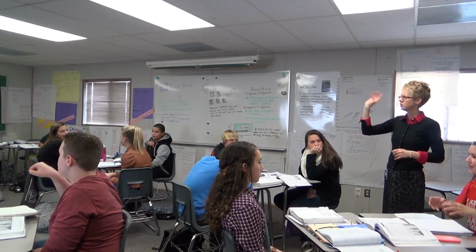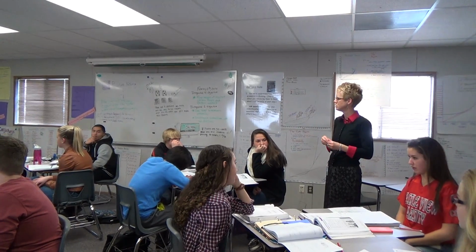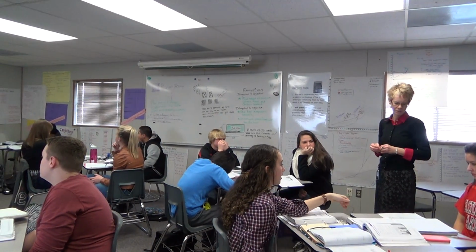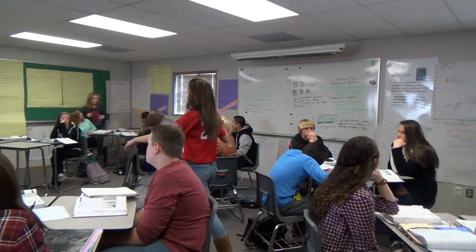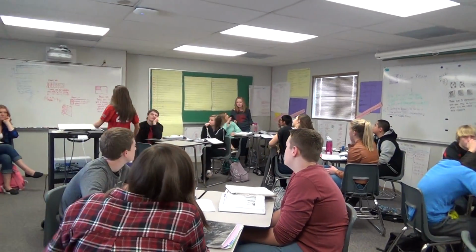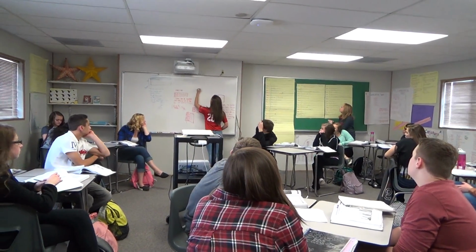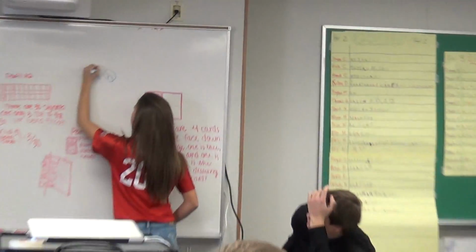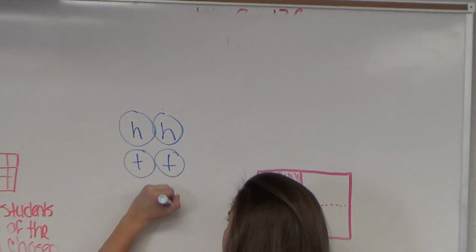Kayla, will you go up and tell us about your 3 outcomes, and then Hannah or Steph or Roberta, will you tell us about your 4? Okay, so we said that there were 3 possibilities because you could either get heads and heads, tails and tails, or heads and tails.